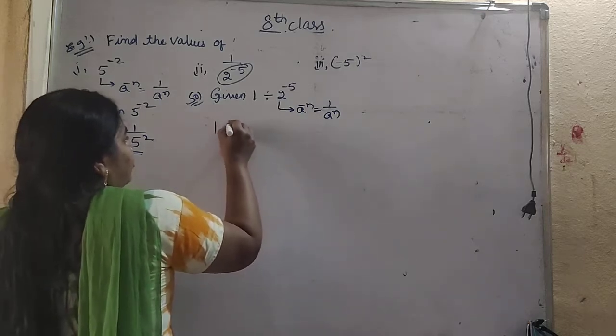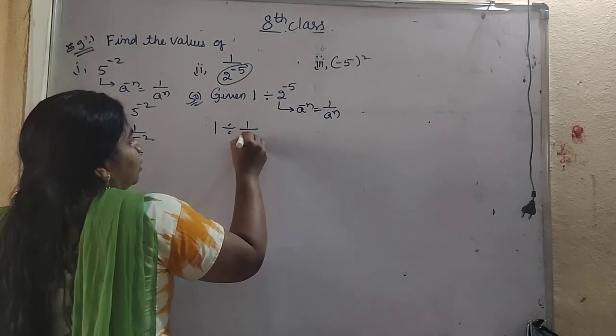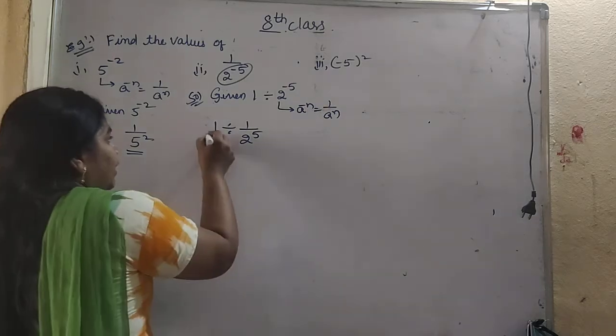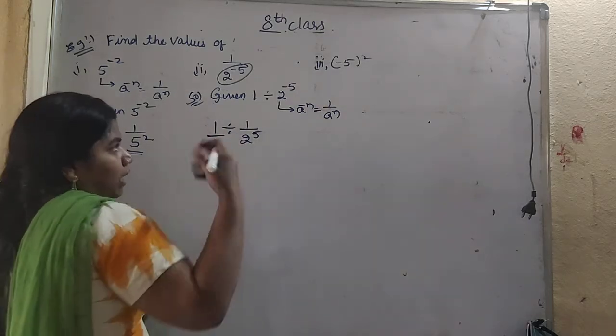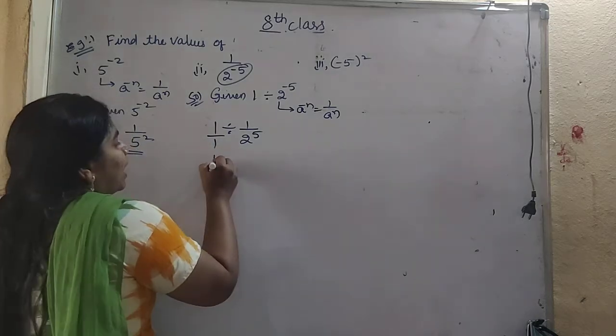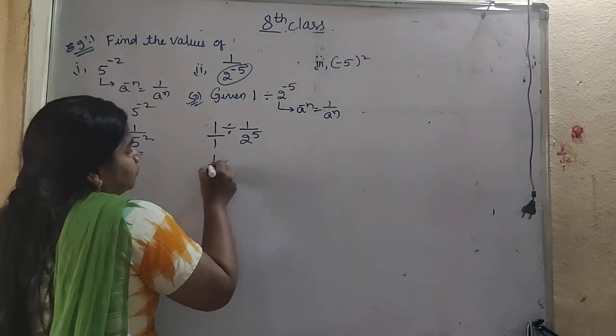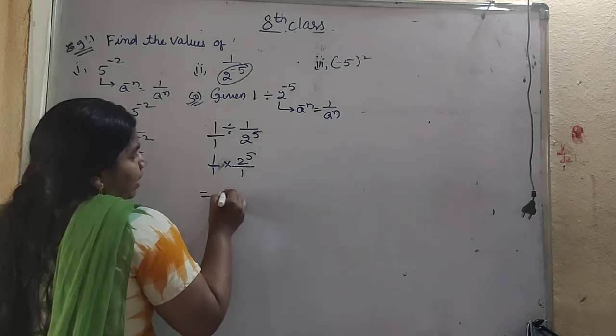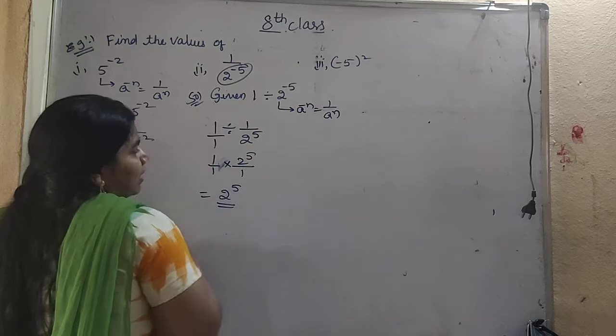So 1 divided by 1 by 2 power 5 we can write. How to divide two rational numbers? The division will be converted to multiplication. The second term will be the reciprocal. So 1 into 1 by 1 into 2 power 5 by 1. So it will be how much? 2 power 5 is our answer.